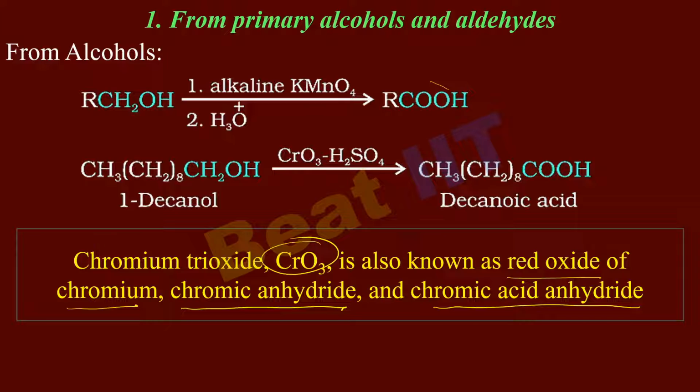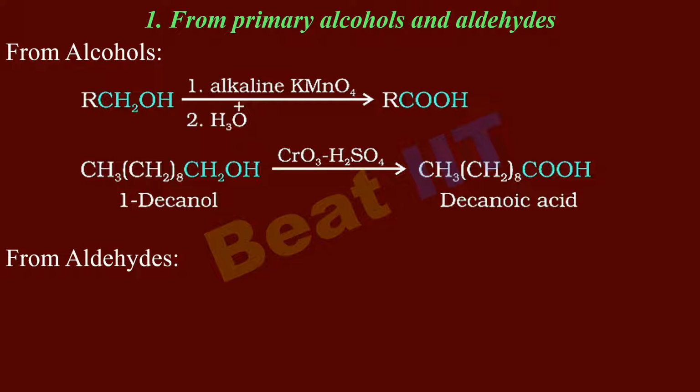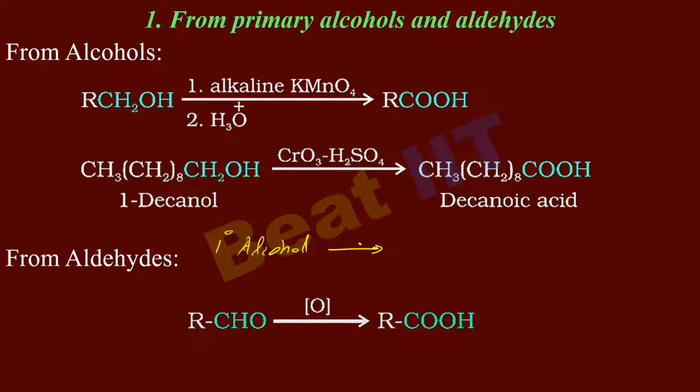You can call it chromium trioxide, red oxide of chromium, chromic anhydride, or chromic acid anhydride, the anhydride of chromic acid. From aldehydes. So we talked about primary alcohols, and now we are talking about aldehydes. Aldehydes on oxidation also give you carboxylic acid. So remember the progression: a 1 degree alcohol gets oxidized to aldehyde, and aldehyde further gets oxidized to carboxylic acid.